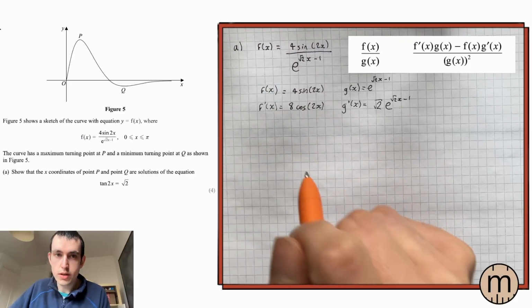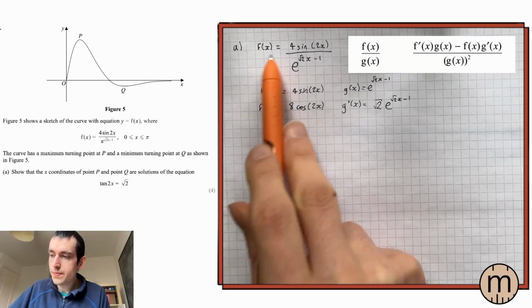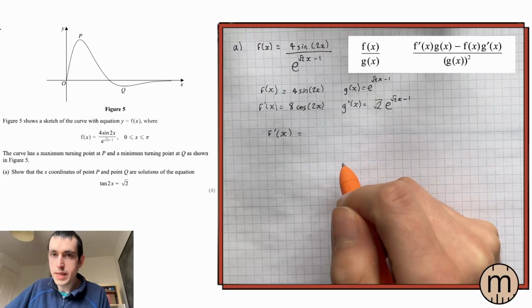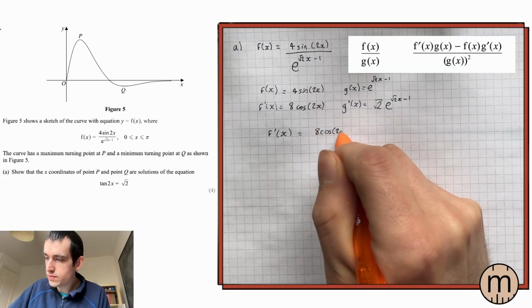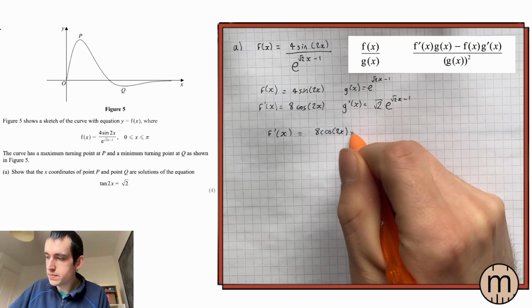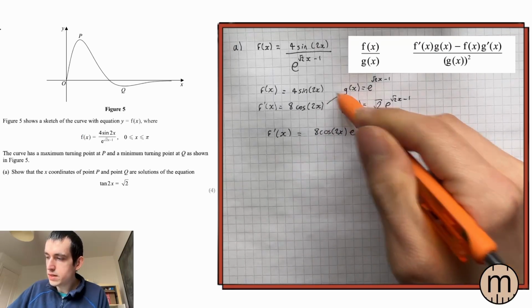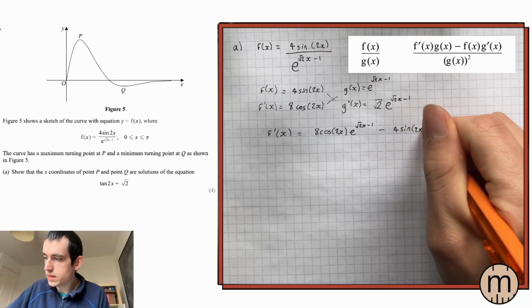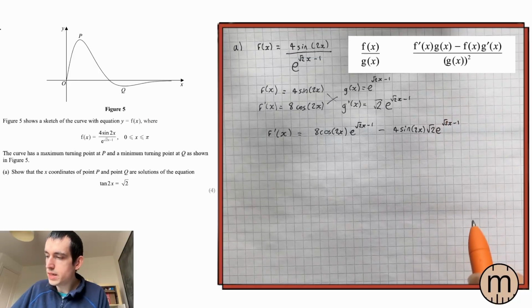Let's now use the formula. So we're looking for the derivative, which is f dash of x, based on this one. And that's going to be using the formula. So this times by this, so those two minus these two: 4 sine 2x root 2 e to the root 2x minus 1.